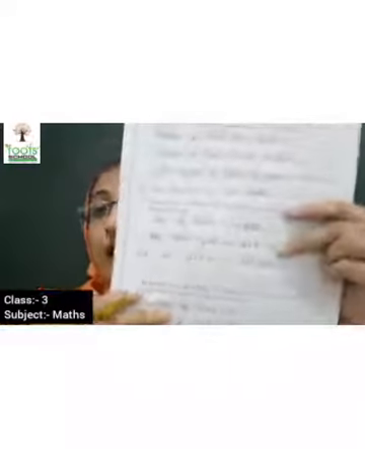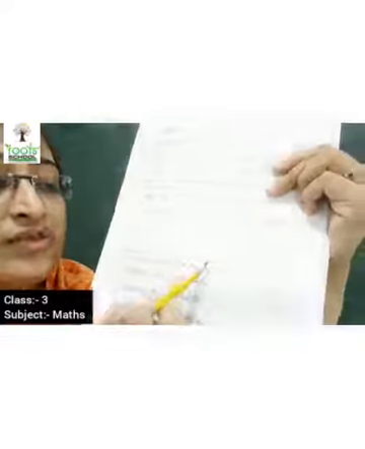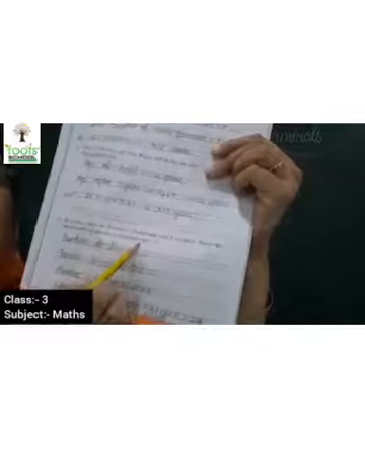Okay, kids. Now we move on to the next problem. In a forest, there are 4 lions, 12 elephants and 8 crocodiles. Write the total number of animals in Roman numerals. So, number of lions is equal to 4, number of elephants is equal to 12 and number of crocodiles is equal to 8.